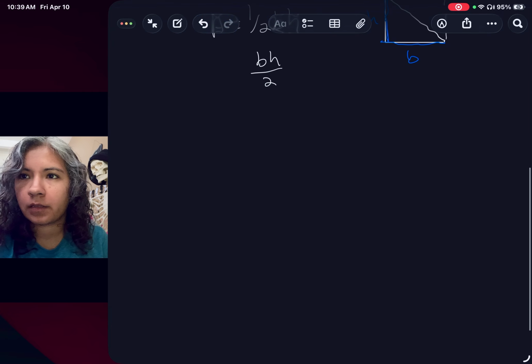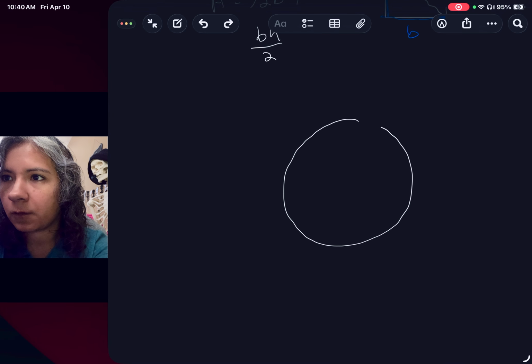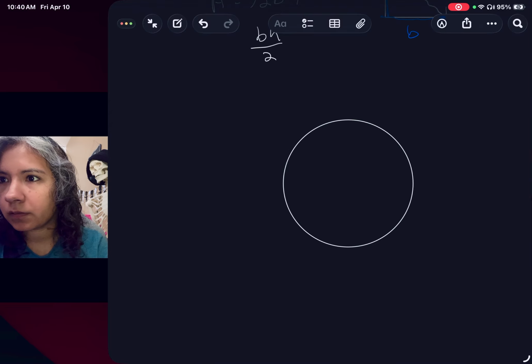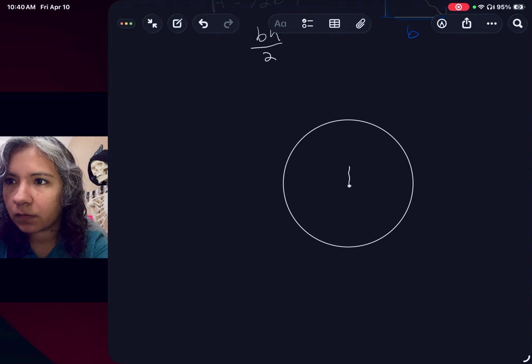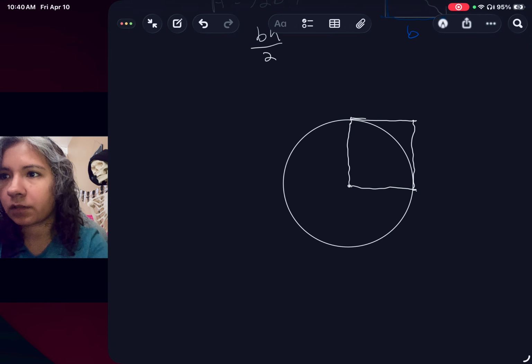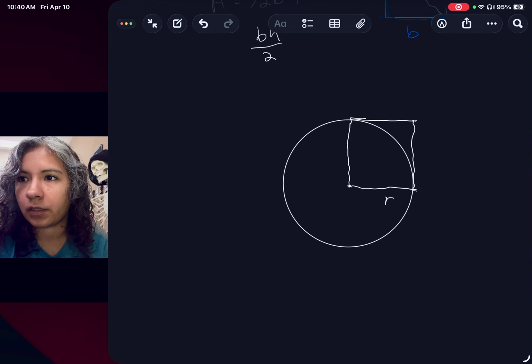So to find the area of a circle, drawing this into a square, we have the radius here and the radius here.